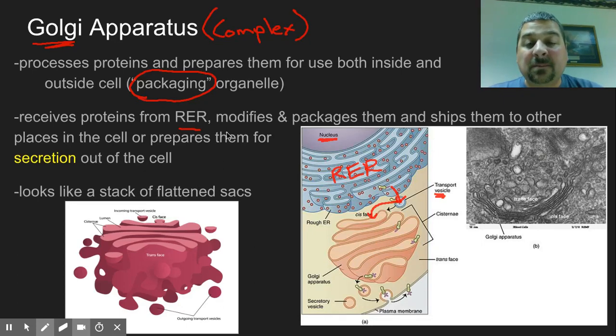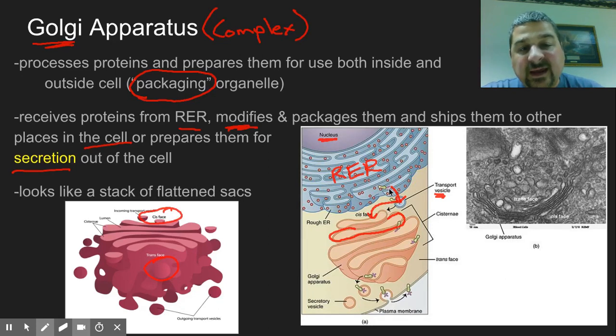That is modified and then packaged in the Golgi apparatus, and it's either shipped to other places in the cell, or it can prepare it for secretion. So that vesicle, after it goes through, the farmer in me likes to think of these almost looks like flattened feed sacks, or flattened saccules. And you'll see that there is a cis face and a trans face.